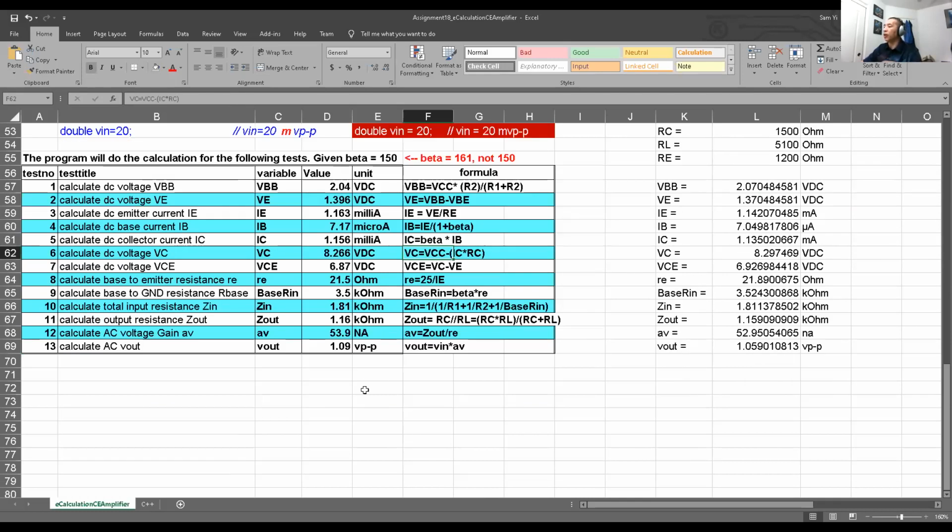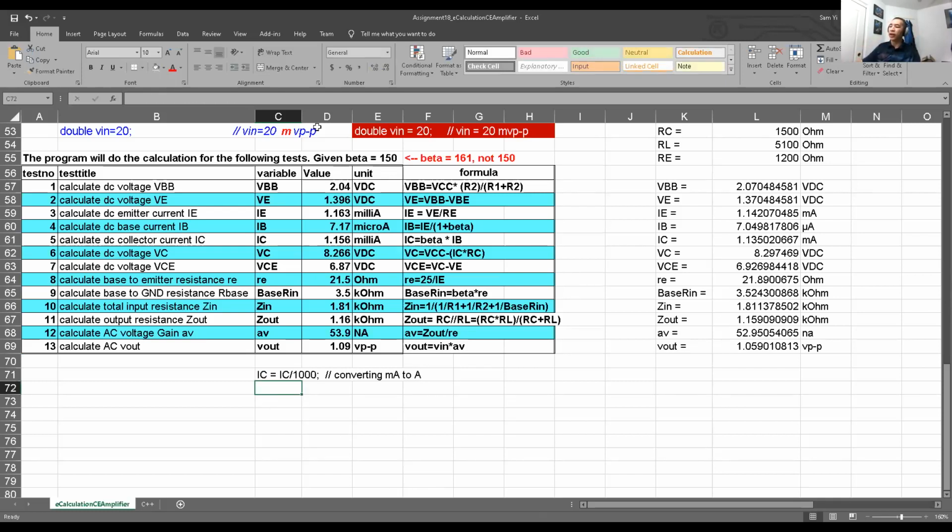The line before you do this formula is to do IC equal to IC divided by 1000. The purpose of this is to convert milliamp to amp. Amp is the base unit.